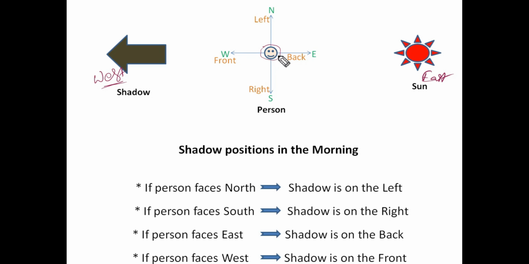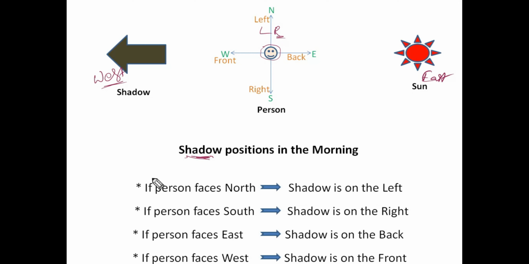So if he faces towards north, is the sun on his right side or left side? For a person facing north, this will be the right side and it is the left side. Sun is on his right, but here we mentioned shadow position, and shadow is on his left side.